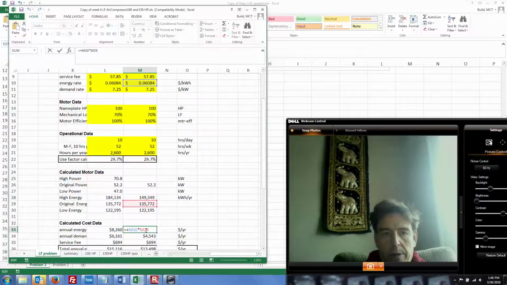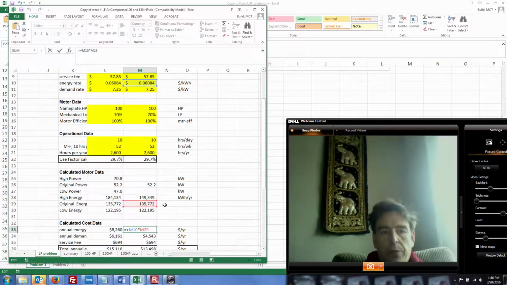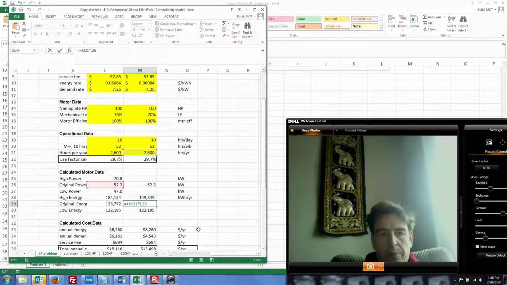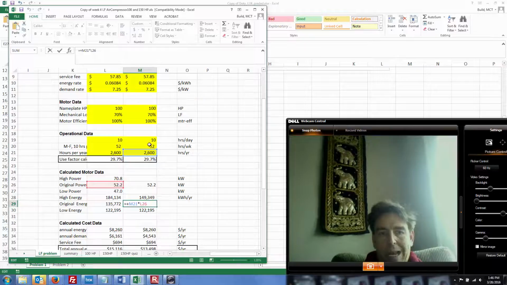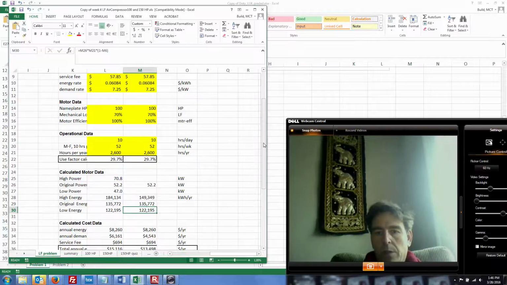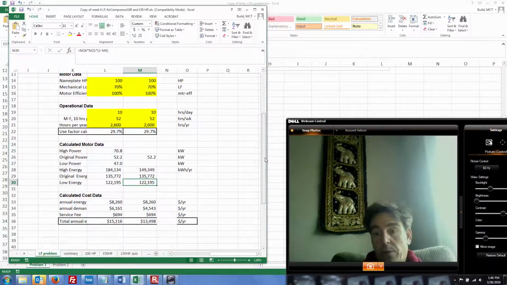Okay, and the annual energy, here's the original energy times the energy rate. So the energy rate is given. Let's look where the energy itself comes from. That's just the hours per year times the power in kilowatts. Okay, so that's fairly straightforward.